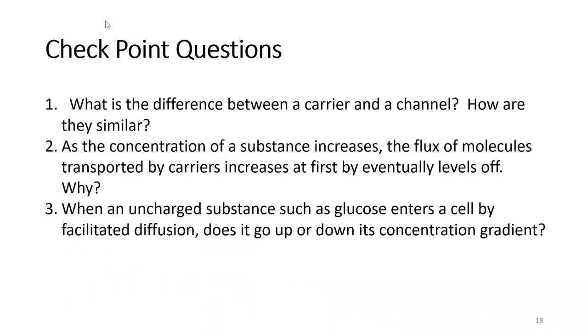Okay, any questions on those two forms of passive transport? I want us to keep the big picture in mind here. Passive transport is moving spontaneously downhill. It's liberating or releasing energy. And active transport is going to be the opposite. Among passive transport, we talked about simple diffusion, where particles can go right through that membrane.